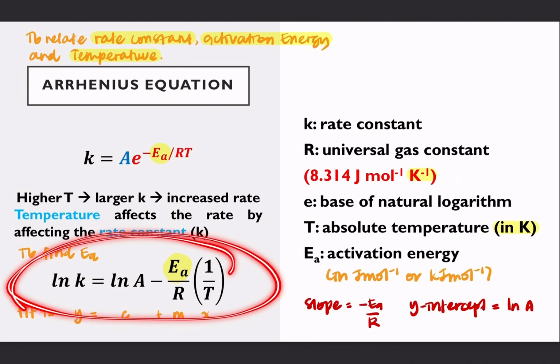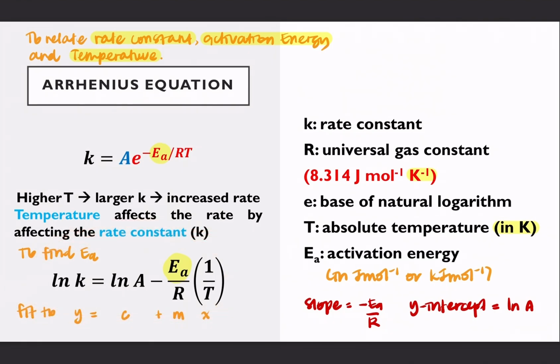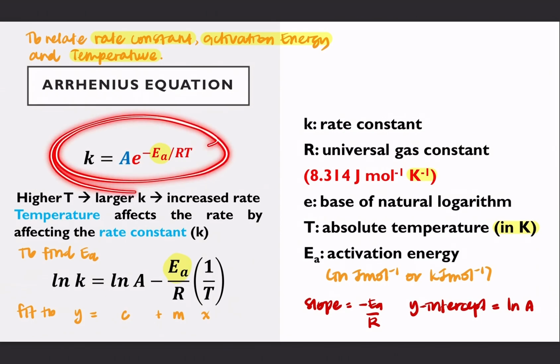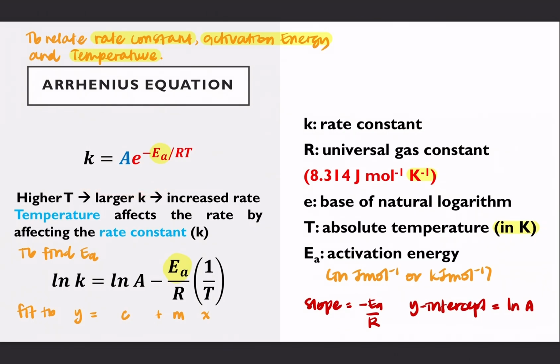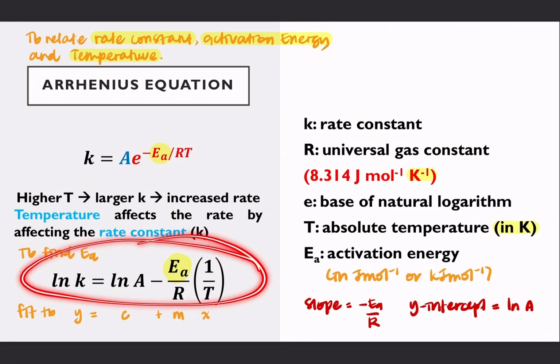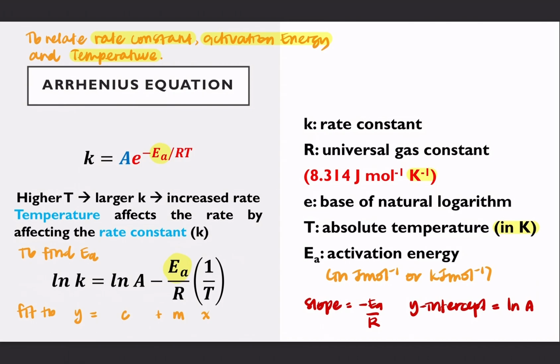We have to use this form when we are looking for EA using the graphical method, because from the original form it is a little bit difficult, as your EA is up there in the exponent, to the power of negative EA. So you have to use this one for the graph.